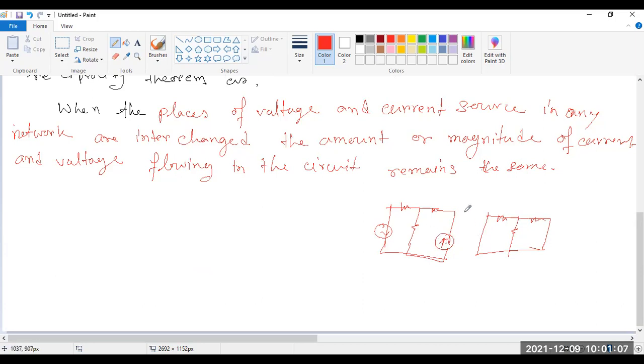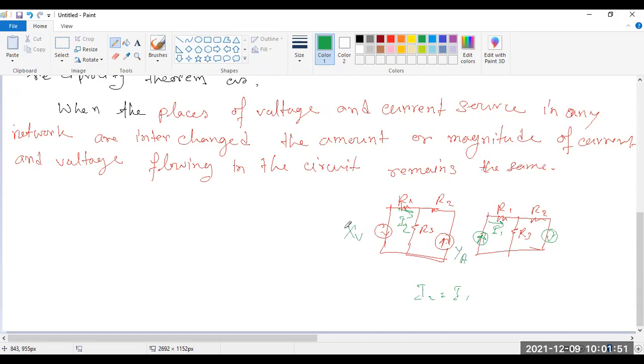So this is R1, this is R2, this is R3, this is also R1, R2, R3, but here we just change: this is current source and this is voltage source. So the magnitude of the current, say this is I1 and this is I2, so I2 equals I1. Because the amount of source is not reduced, it is just replaced in its position.